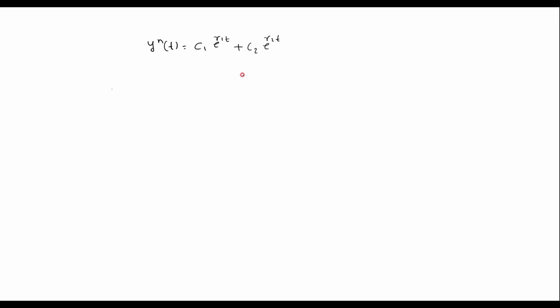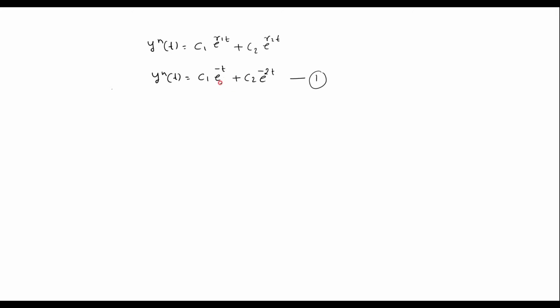This is the general form of the natural response of the system. Now let's substitute the values. Therefore, yn(t) is equal to c1 e^(-t), the first root being minus 1, plus c2 e^(-2t), the second root being minus 2. We'll call it equation number 1.